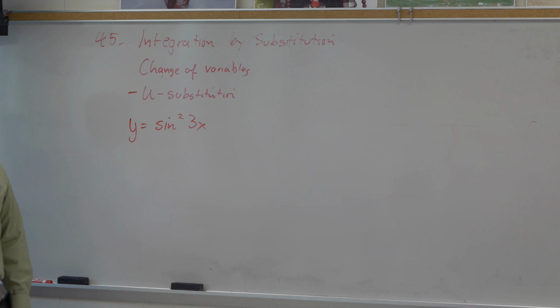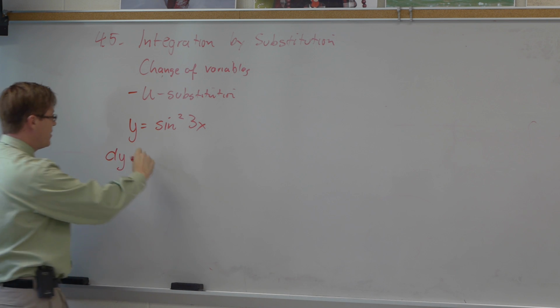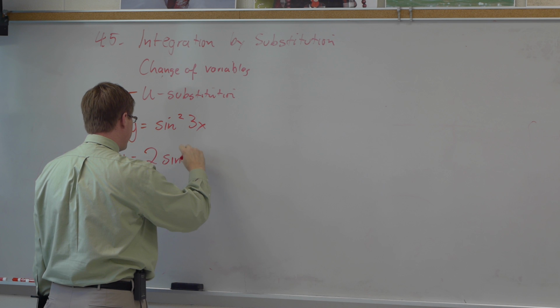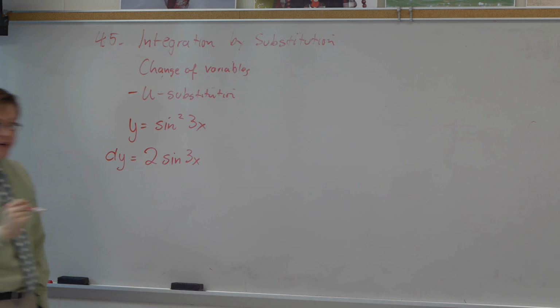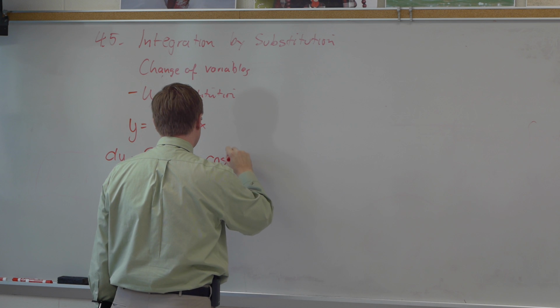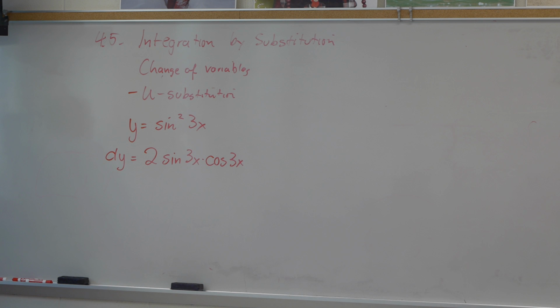I want to take the derivative of this, but actually what I want to do is not just the derivative, I want to take the differential. So like we did with implicit or related rates, the differential is 2 sine 3x times cosine 3x times, am I done? Times 3. Bingo.